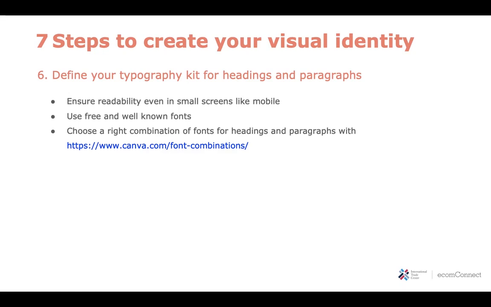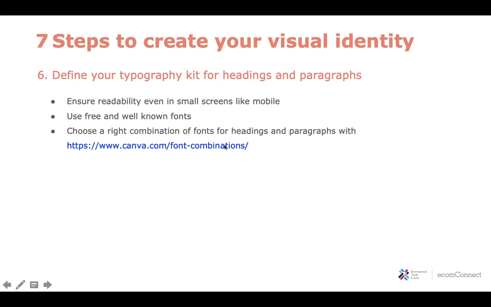I would recommend also to use free and well-known fonts. For choosing the right combination of fonts for headings and paragraph, again, I'm recommending Canva because you are already familiarized with this platform. So I think it's a great idea to keep all our creative process in the same platform.